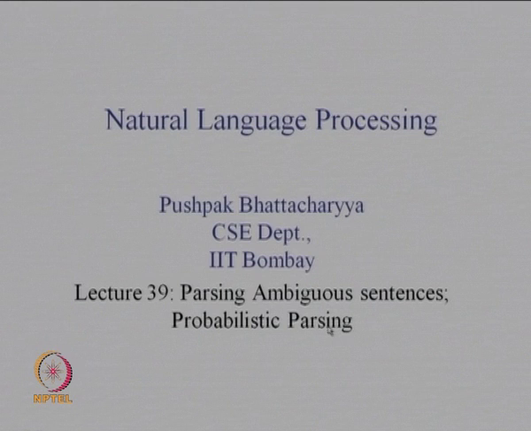So, here comes the notion of a scoring function. We have to score the parse trees and choose the one which has the highest score. This score is often in terms of probability values. The probabilistic framework provides a systematic platform by which these scores can be computed, and probabilistic parsing takes its birth in this notion that ambiguous sentences are a reality.